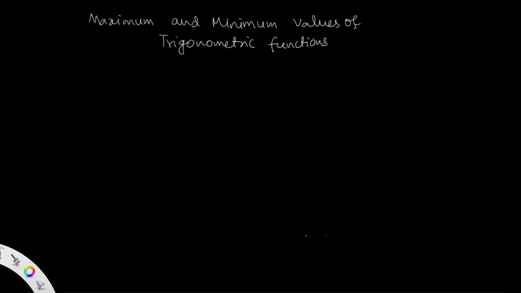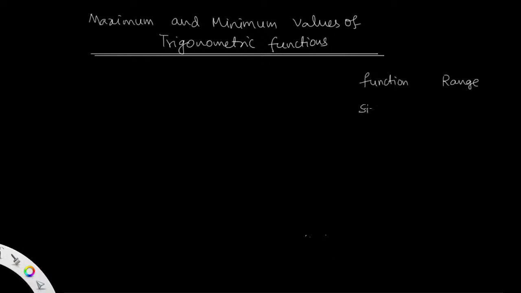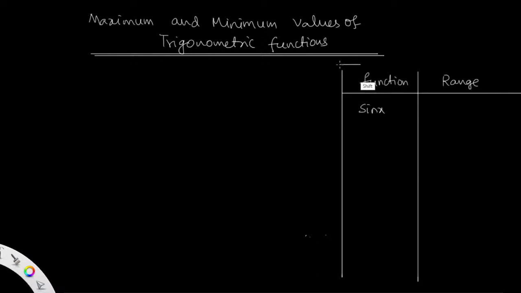Yesterday I explained the graphs of the trigonometric functions, so that is the basic related concept. First, you know the range of the function values, the general concept of the trigonometric functions, that is sin x, and then the remaining trigonometric functions.